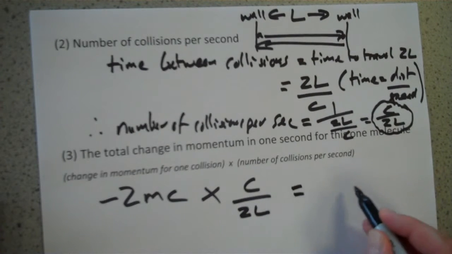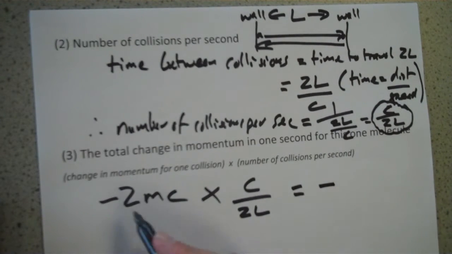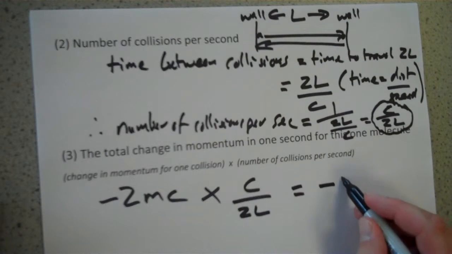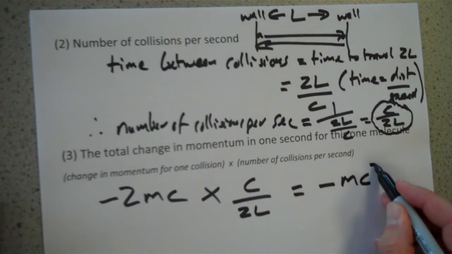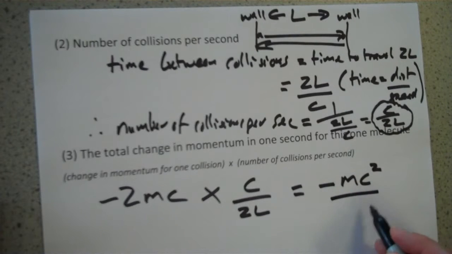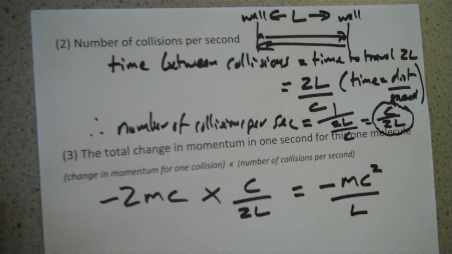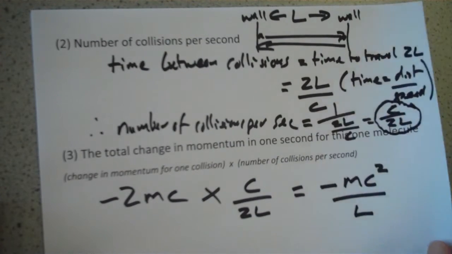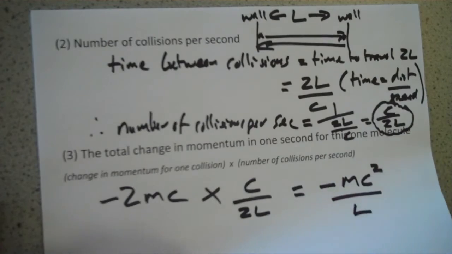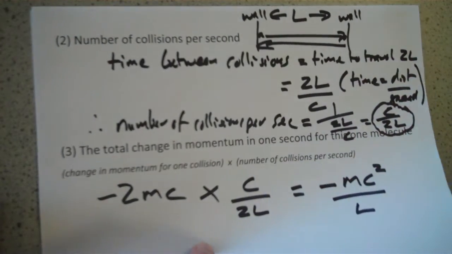If you do that, the 2s cancel and you get minus mc squared over L. So that's the total change in momentum in 1 second for this molecule: the change for one collision times the number of collisions in a second. That's going to be a pretty important number, as you'll see in this derivation.